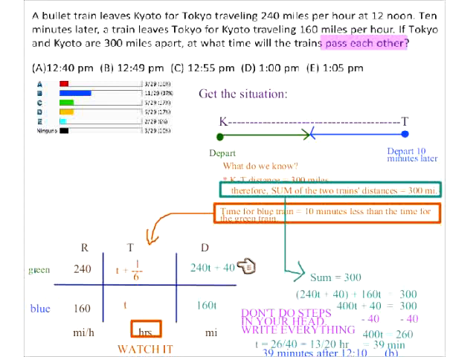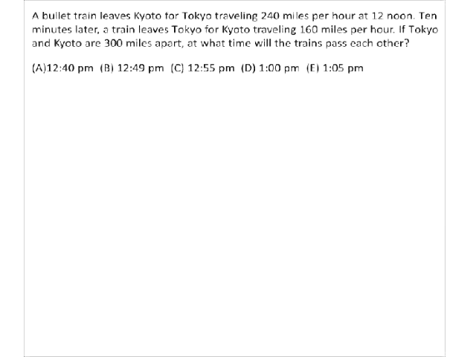Okay, let's talk about this. There's no reason to do long division. The question that you're trying to figure out is how long in minutes is 13/20 of an hour.